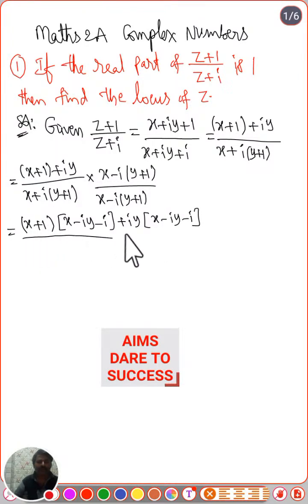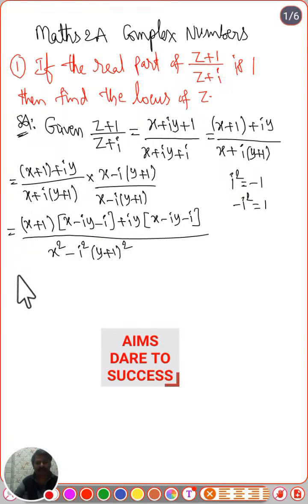The denominator looks like (a plus b) into (a minus b), that is a square minus b square. B square means i into (y plus 1), whole square. Power applies individually to i and y plus 1, and we get i square into (y plus 1) whole square. Here i square is equal to minus 1, so minus i square is equal to plus 1.